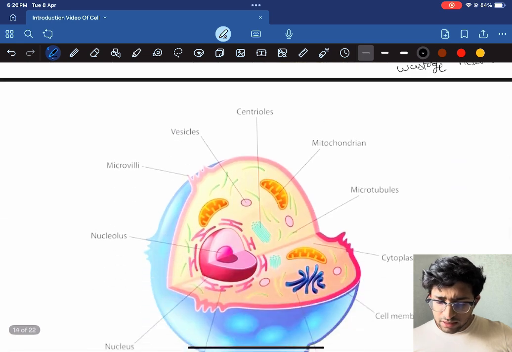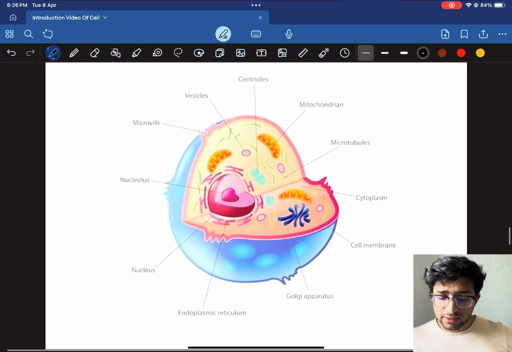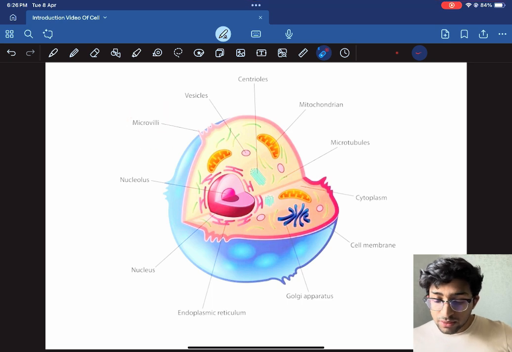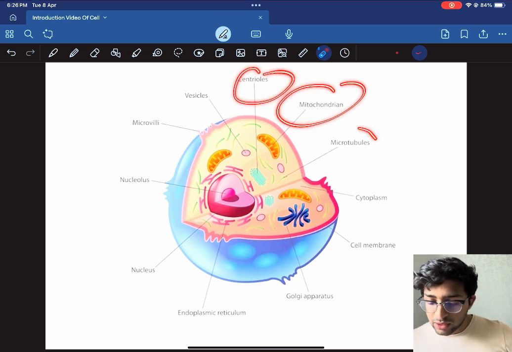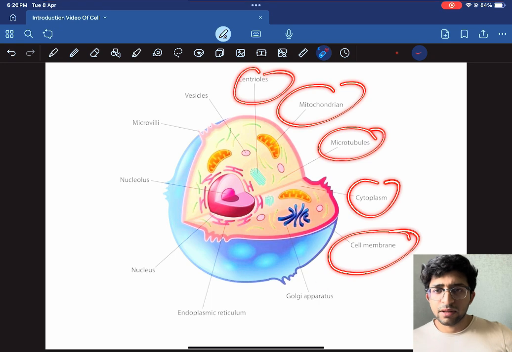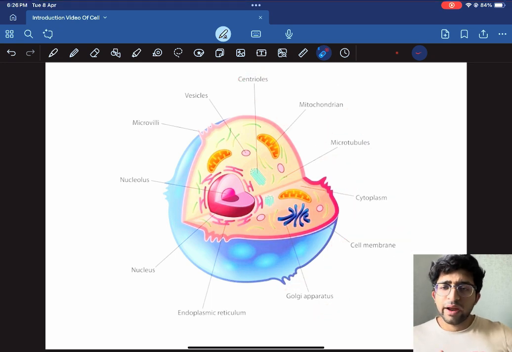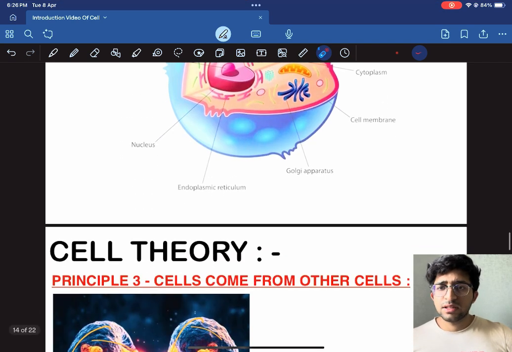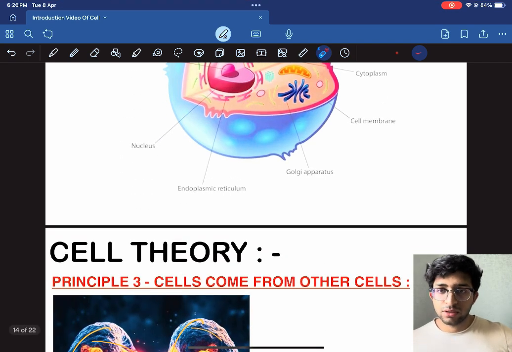These are a few examples of organelles: microvilli, centrioles, mitochondria, microtubules, cytoplasm, cell membrane, Golgi apparatus. We will be discussing these organelles in our next lectures. This lecture is just an introduction to the cell and its discovery.